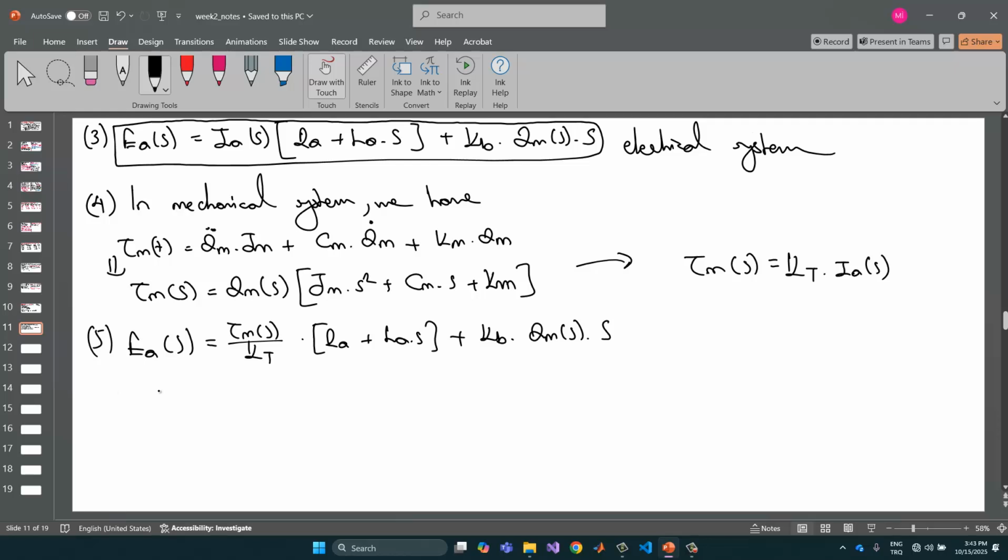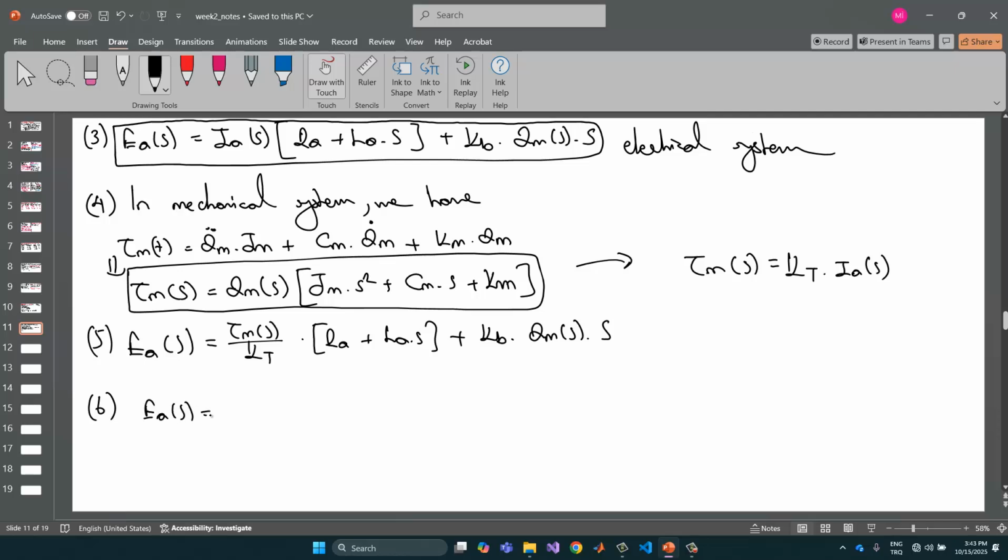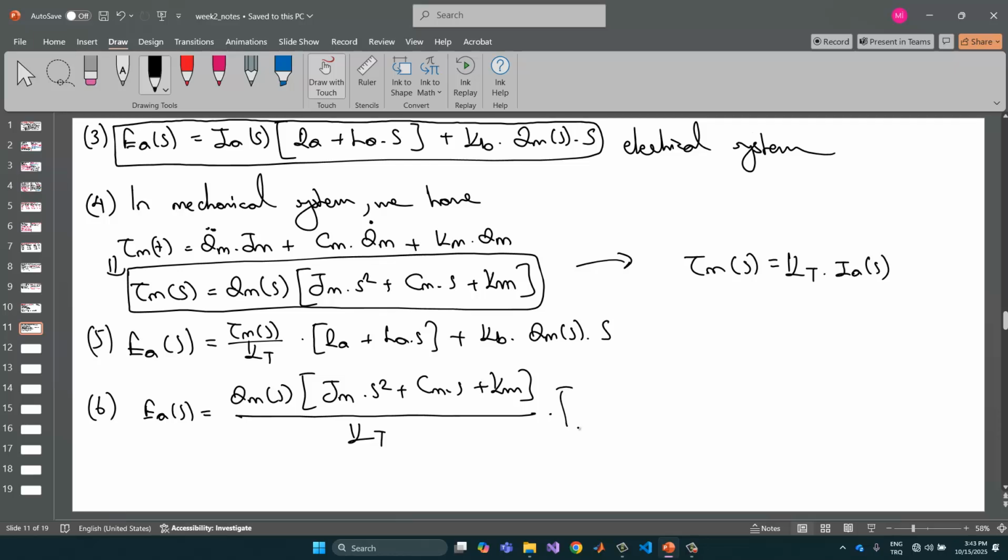And so if we write all these terms in here, what is the torque Tm(s)? This one, right? If we put torque Tm(s) into this one, then Ea(s) is equal to θm(s) times (Jm s square plus Cm s plus Km), divided by Kt, times (Ra plus La s), plus Kb θm(s) s.